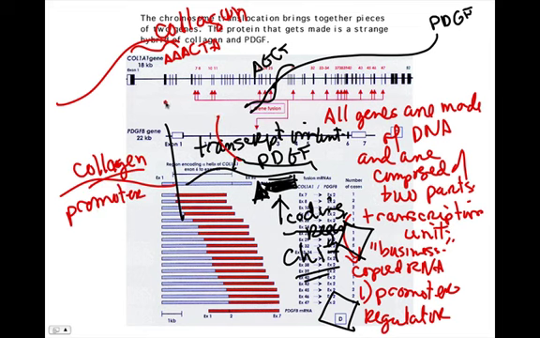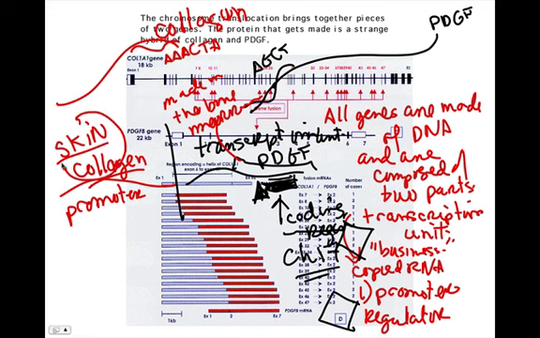Normally, PDGF is made in the bone marrow, in megakaryocytes, we learned about that. Normally, this collagen gene is made in skin. The skin cells have the PDGF gene, but it's not made there because it's not active there.